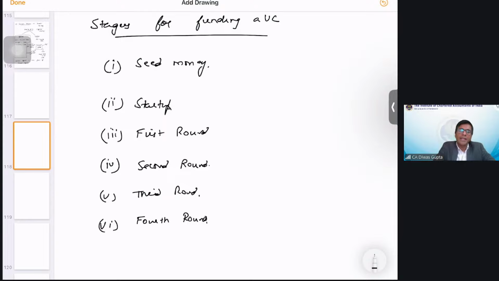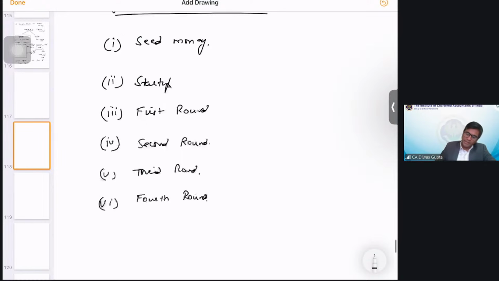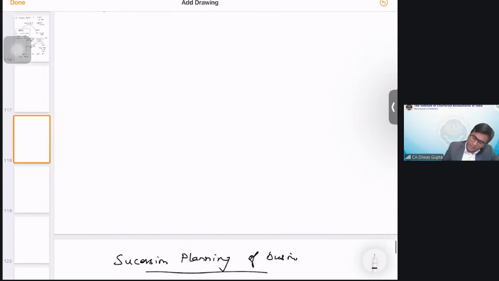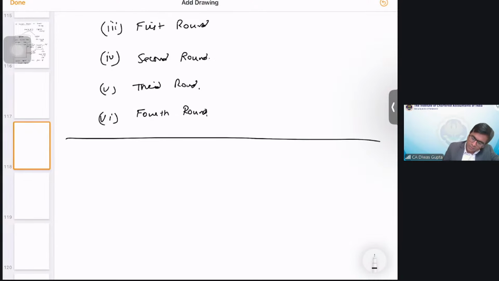Perfect. Then I think these are all the parts we have covered. Now let's come to the succession planning of businesses. No, I think wait, before this, the sequence of venture capital is what we have discussed in brief, but let's cover that in detail.